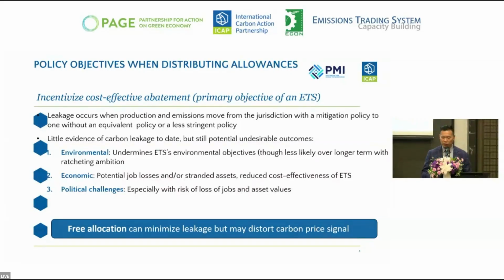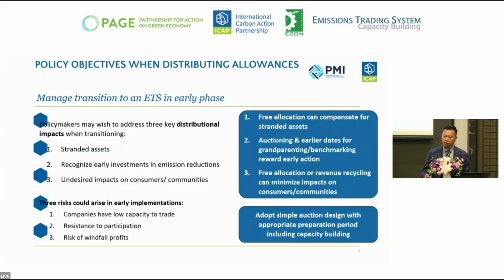Even though there was little evidence of carbon leakage, there are still potential undesired outcomes, which will harm the environment, harm the local economy, and bring political challenges. So we still want to reduce this risk through the allocation method. That's the second objective.